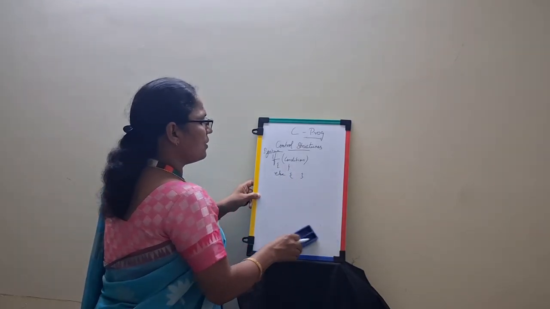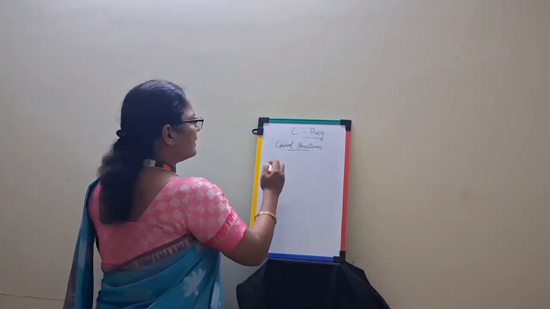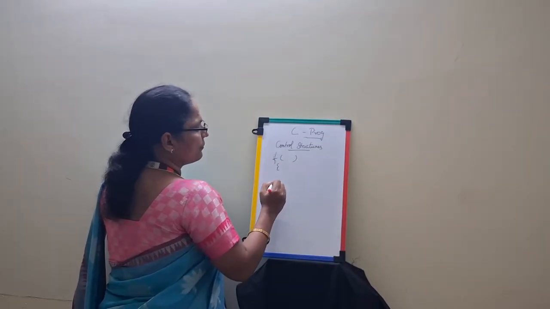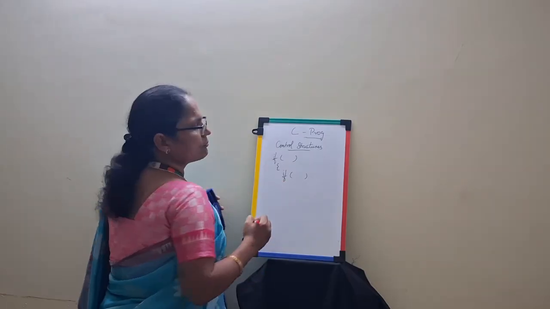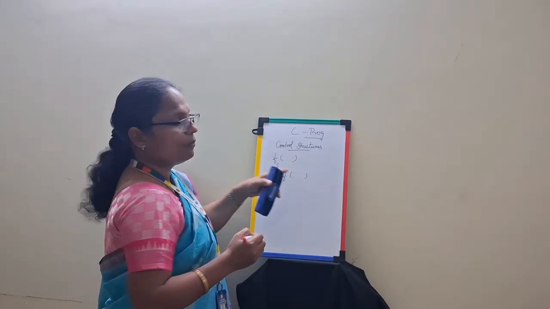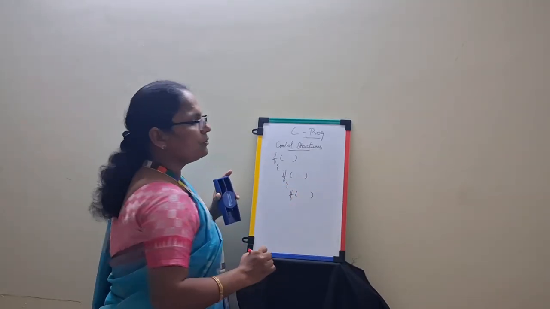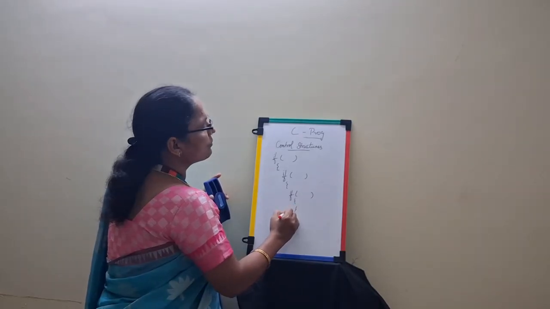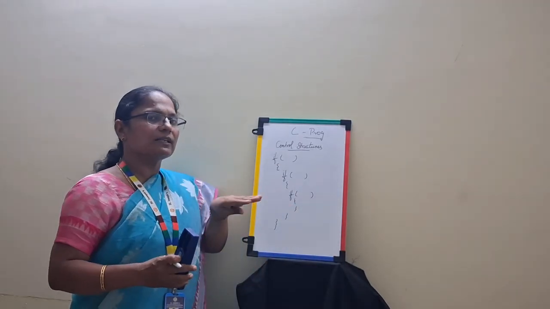Next, if else we saw. Now there is also nested if. What do you mean by nested if? If this is true, again we go for one more condition. If this is true, again we check for one more condition. Like this I can check for n number of conditions. Inside one if I use another if.